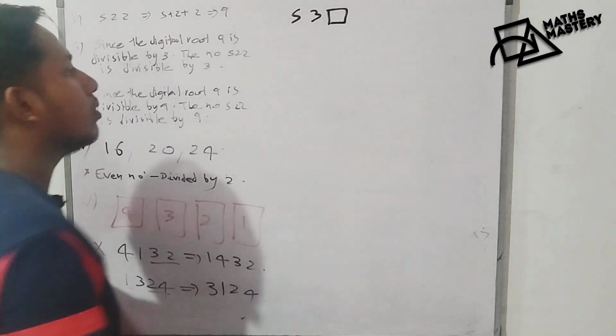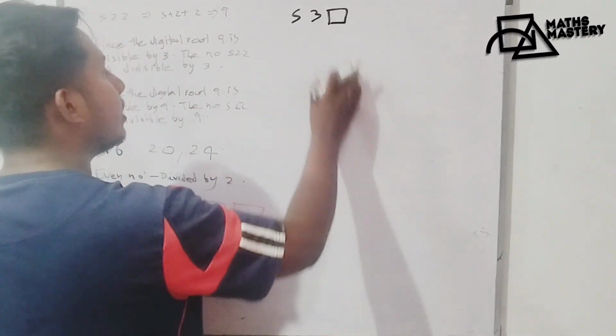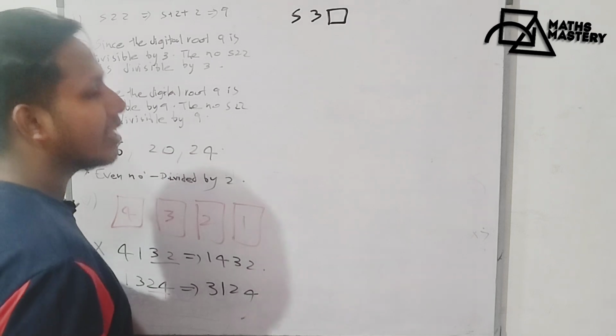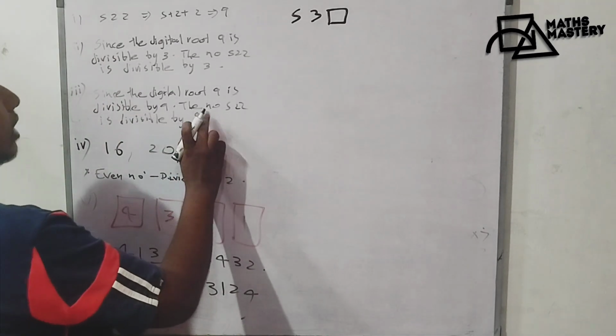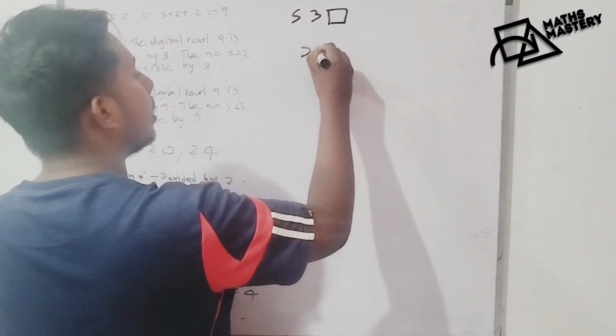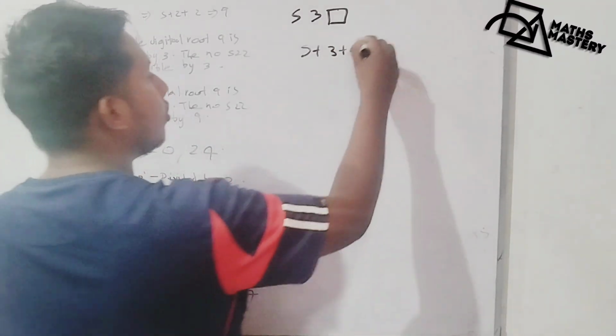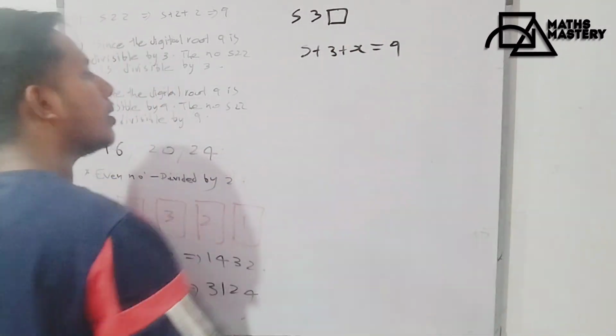Now they are telling us this number is divisible by 9, then obviously the digital root should be 9, because we have discussed this in the theory class. So 5 plus 3, you don't know the last digit. If you don't know something, I told you to put x, and you know the digital root, which is 9, because it's divisible by 9.